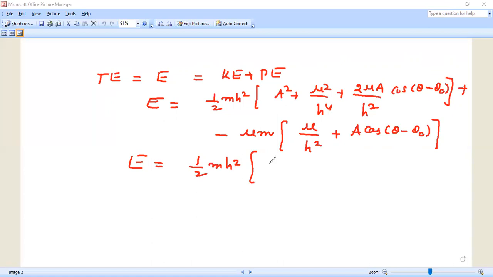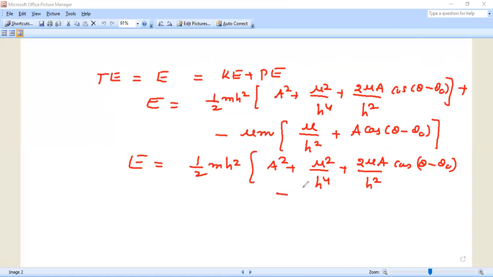Then, in the first term, write the square bracket as it is: a square plus mu square by h power 4 plus 2 mu a by h square cos of theta minus theta naught.